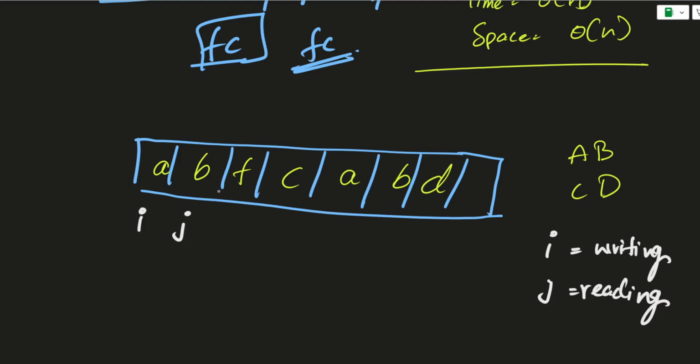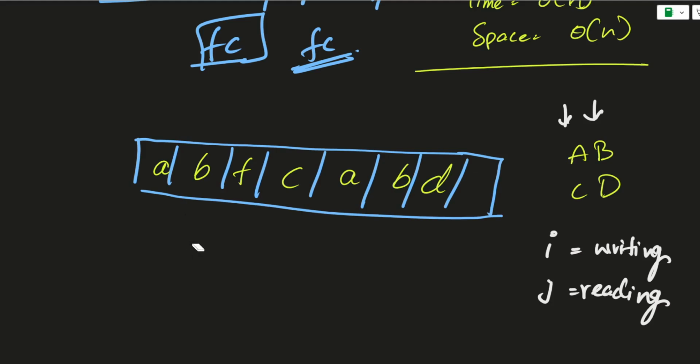We are using only two pointers because here we have only AB and CD, right? So if these two are making a pattern, then we need to delete it. How can we delete this? We just don't need to do anything, so, erasing.